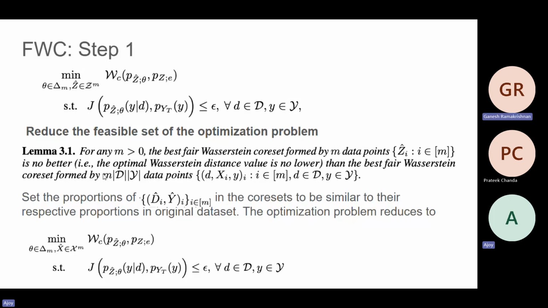But then how is it fair? Sorry, I couldn't hear you properly. How is it fair? They assume that the original dataset is fair, and by adding this additional constraint, the unfairness that may arise in the coreset calculation algorithm is eliminated. I think that's the unfairness they want to target. Okay. Yes.